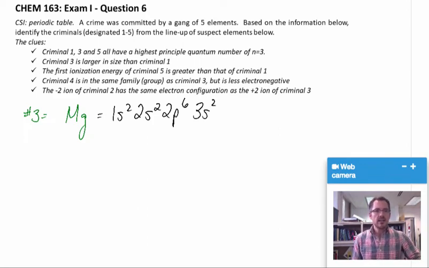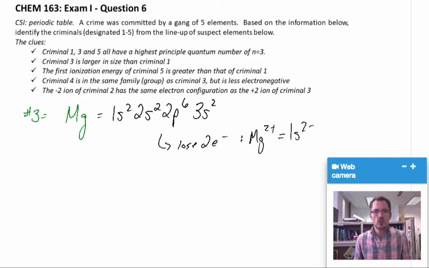So this is the electron configuration for magnesium, but if we lose 2 electrons to get the 2+ ion, then Mg2+ is simply 1s2, 2s2, 2p6.